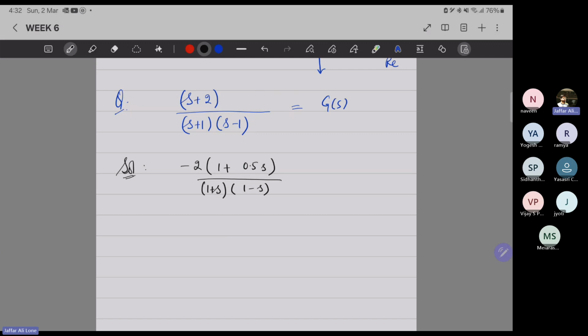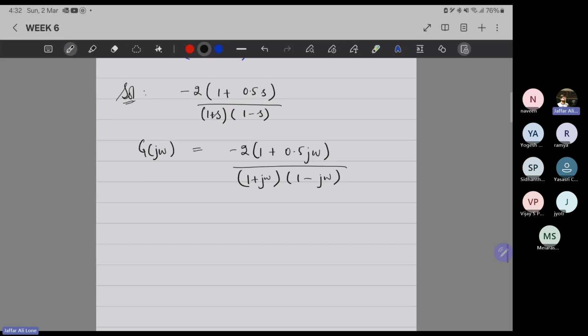So now put j omega. I told you whenever we have to make a polar plot, we put j omega. So when I put j omega, it will be minus 2 into (1 plus 0.5 j omega) divided by (1 plus j omega) into (1 minus j omega). Correct? So now it's very simple for us. We'll take the magnitude.